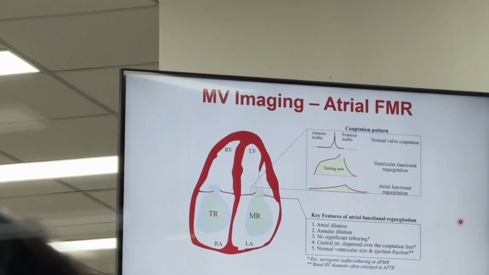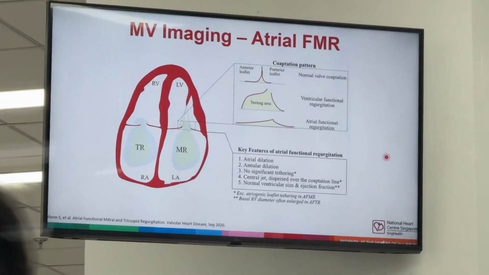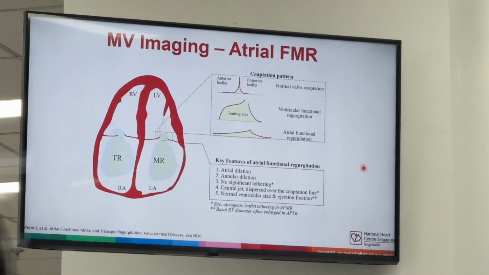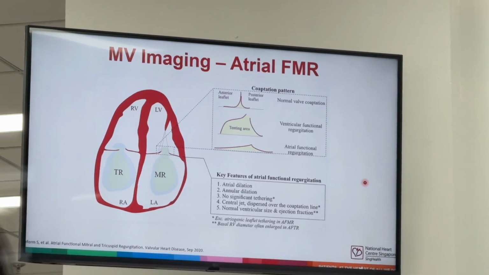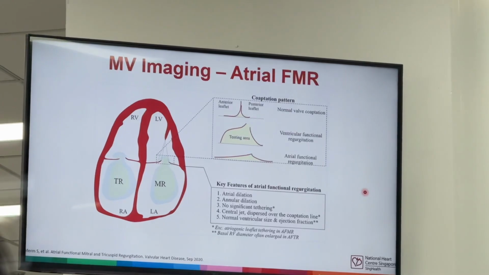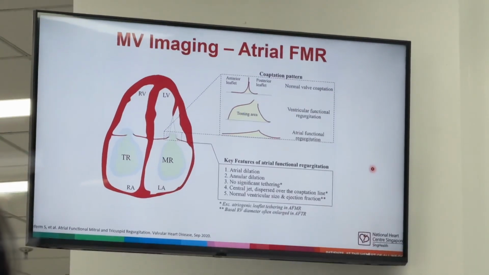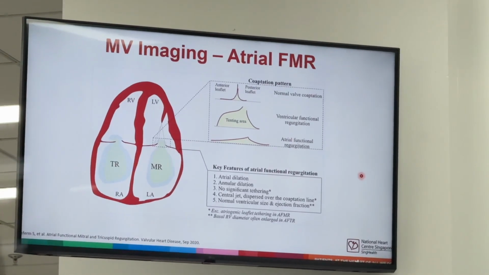So this again is a diagram to show the difference between ventricular and atrial functional mitral regurgitation. So atrial functional regurgitation, key features: there is dilatation of the atrium. The annulus is very dilated. There is no significant tethering, no tenting.